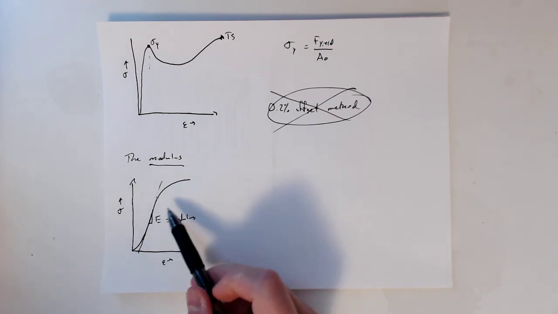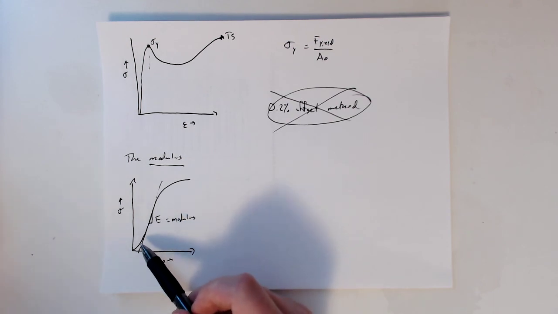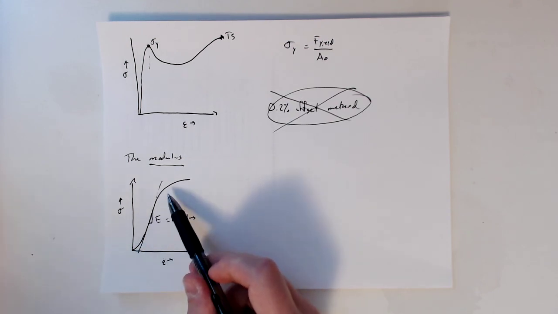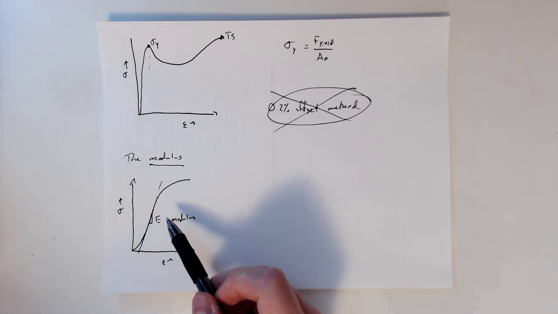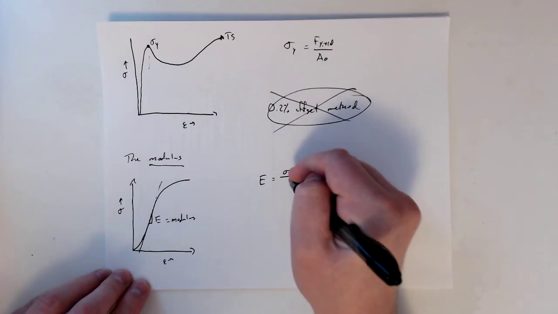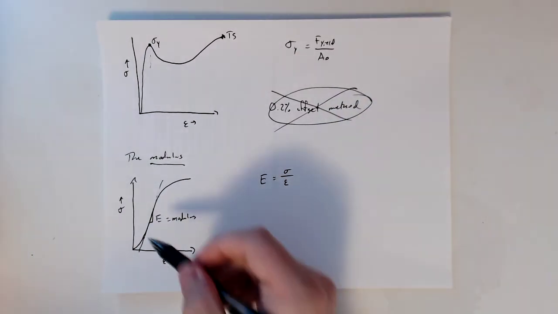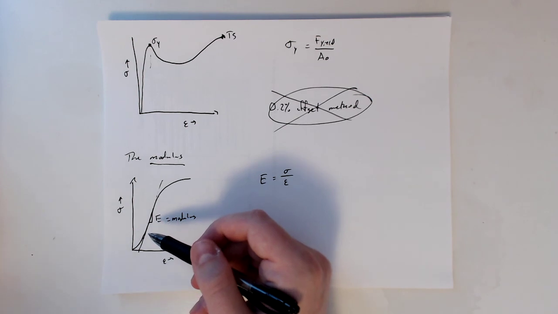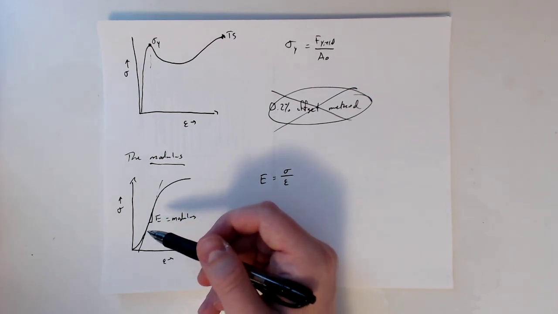So it can be a little trickier to find the modulus because it's not as linear as it is in the case of metals. But again, it's just the slope, so we're talking stress over strain, a linear fit of that region.